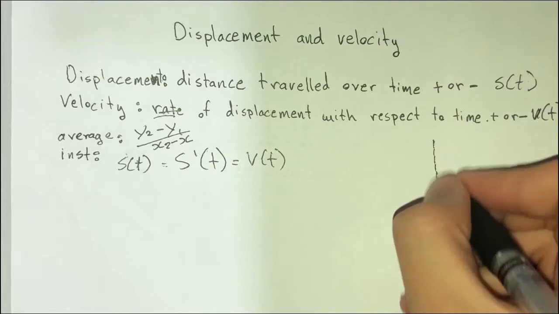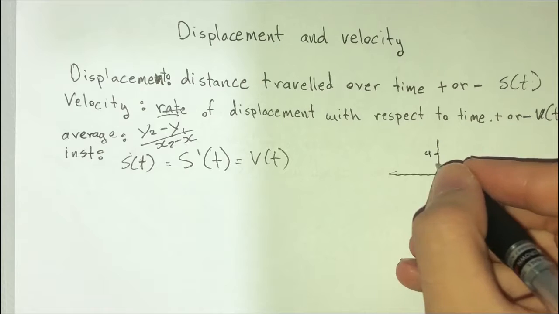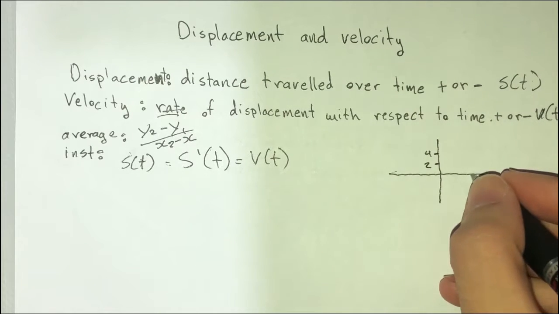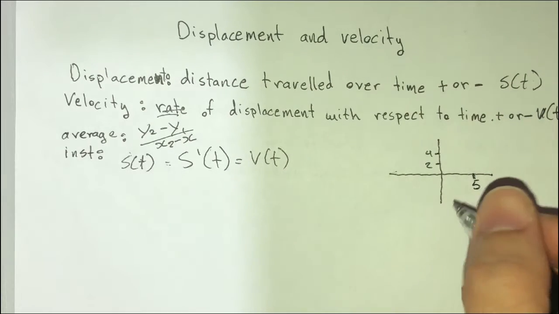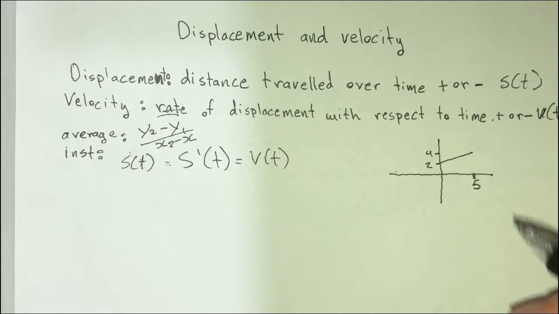Now if I draw a quick graph here, let's say here y equals 4, y equals 2, and x equals 5, and draw a line from here to here. Now we want to find the average velocity.